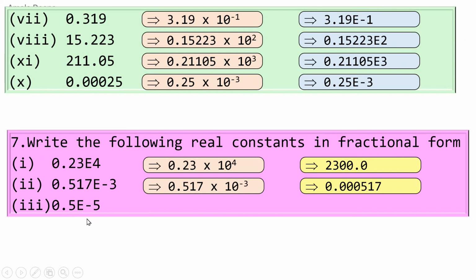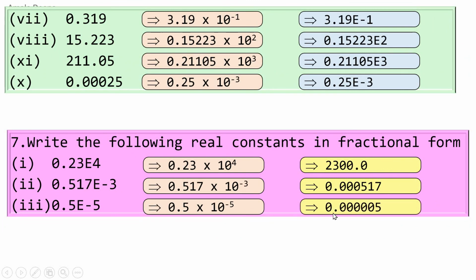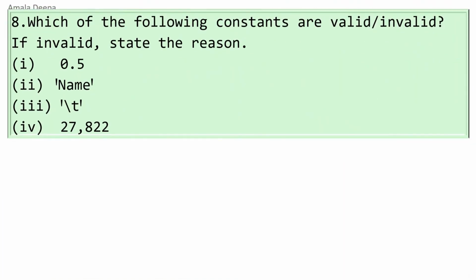Similarly, 0.5 E minus 5 is 0.5 into 10 to the power minus 5, which is 0.000005.